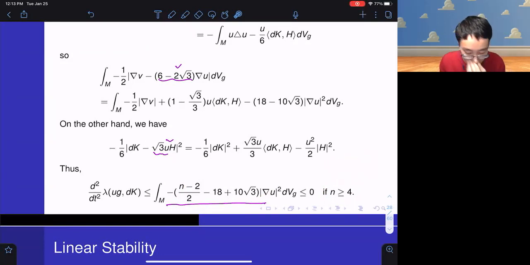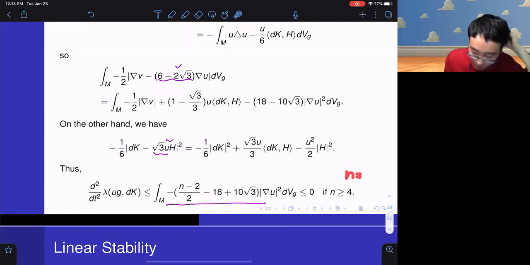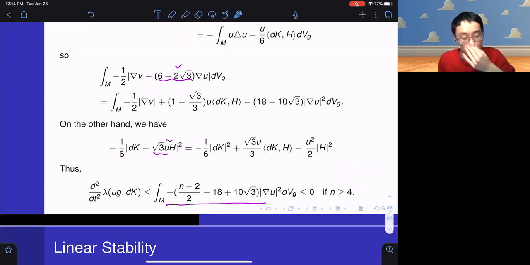You can check yourself. I mentioned that these two constants you can pick by yourself, but you will find that no matter what constant you pick, you cannot bound it for the n equals 3 case.